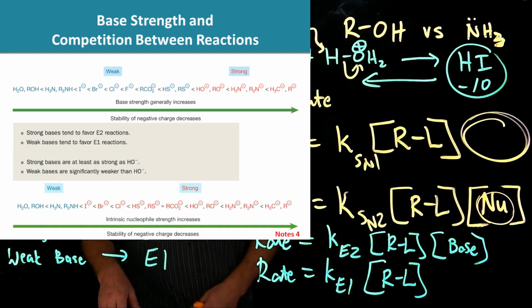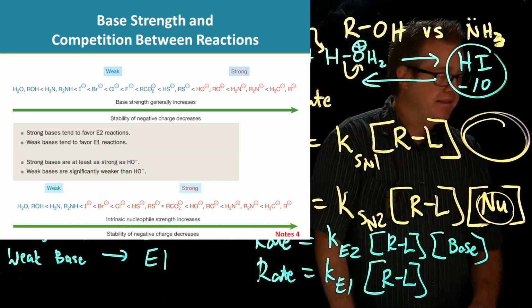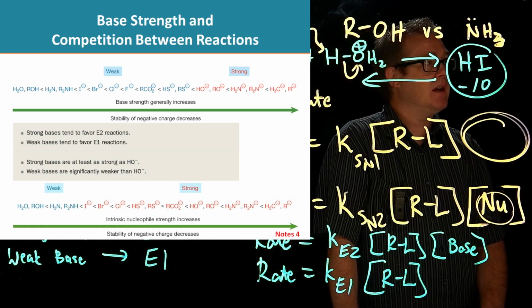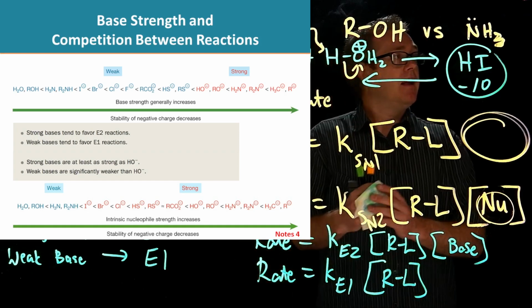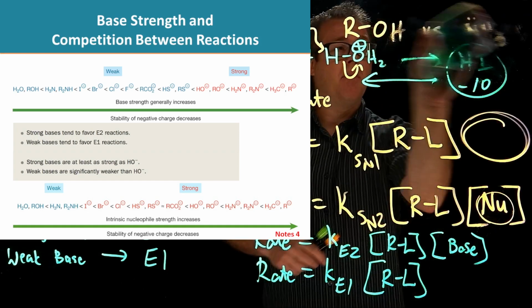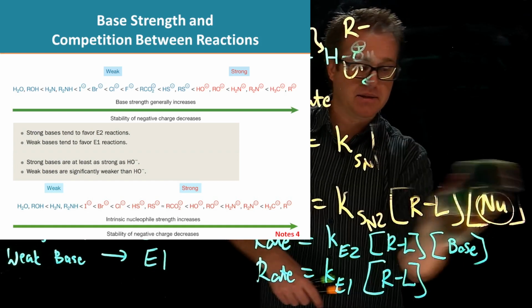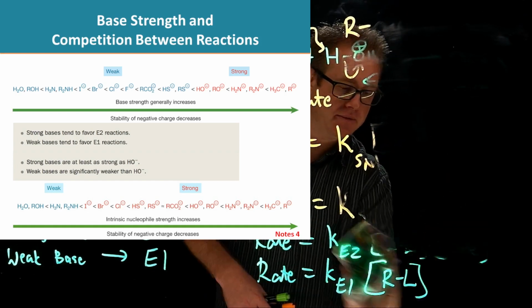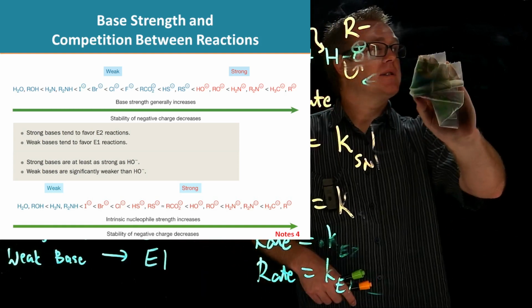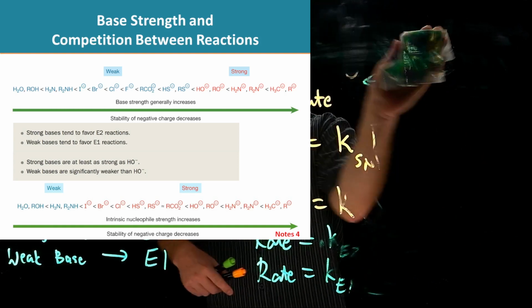Another thing that you have to be aware of is when you look at that PowerPoint slide, do you see that the OR minus is a strong base and a strong nucleophile? All right. So there are some exceptions to that.